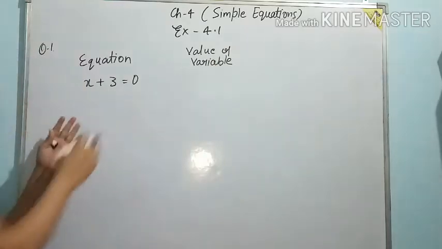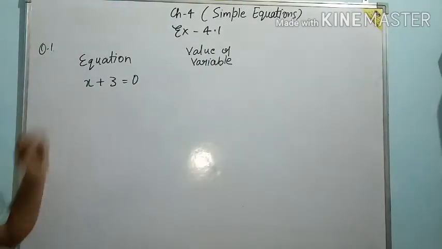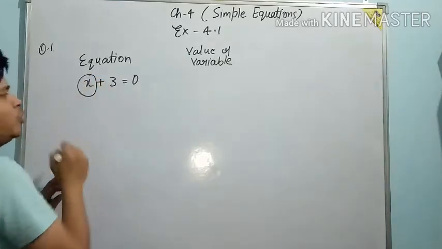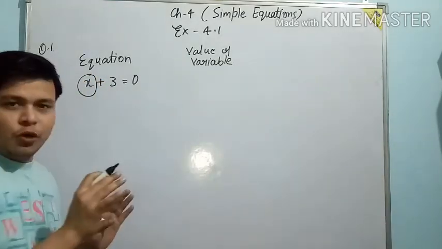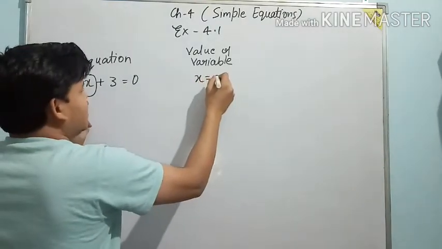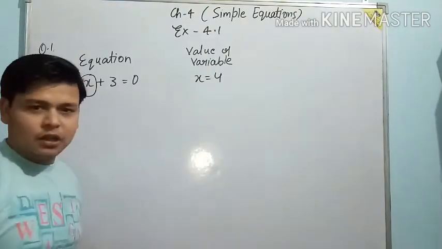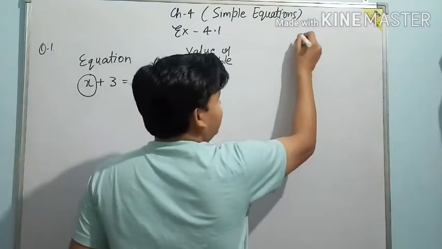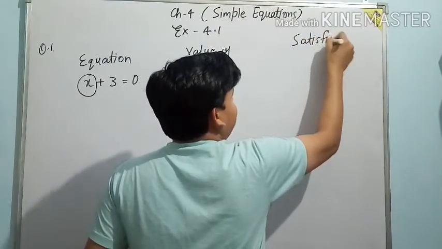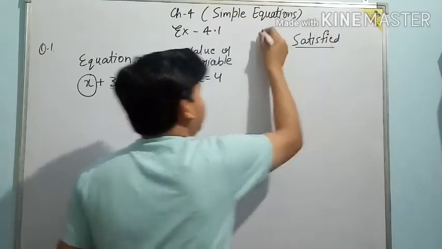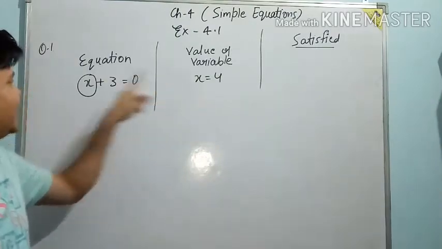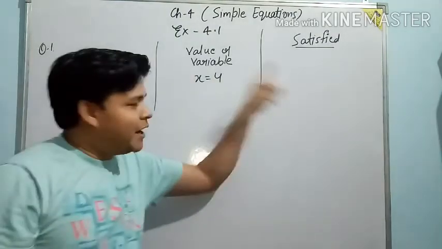Suppose in this equation the variable is x, and I'm just making a circle over the value of this variable to make you understand, but you will not circle it. Say the value given to us is 4, right? Now we have to write whether, on this value of x, this equation is satisfied or not.